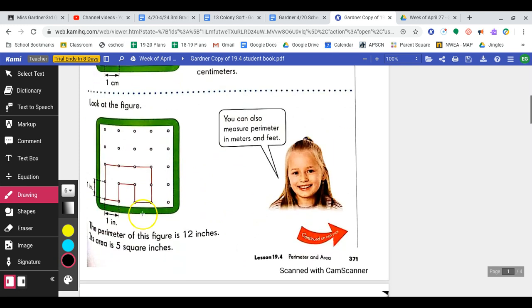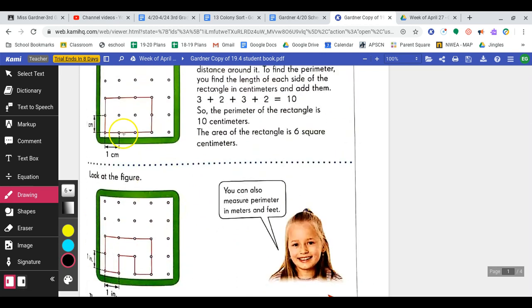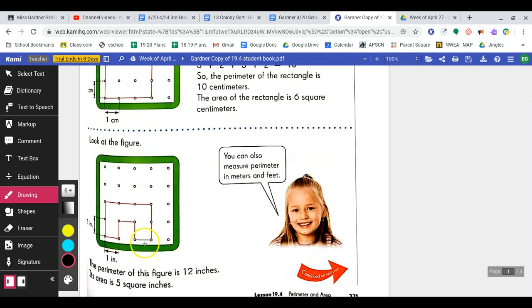Okay, now this shape, we can measure up actually way more than the 4 sides because we are going to have to continue to count up each one of these individual sides. And this is 1 inch. So this side of our shape is 2 inches.